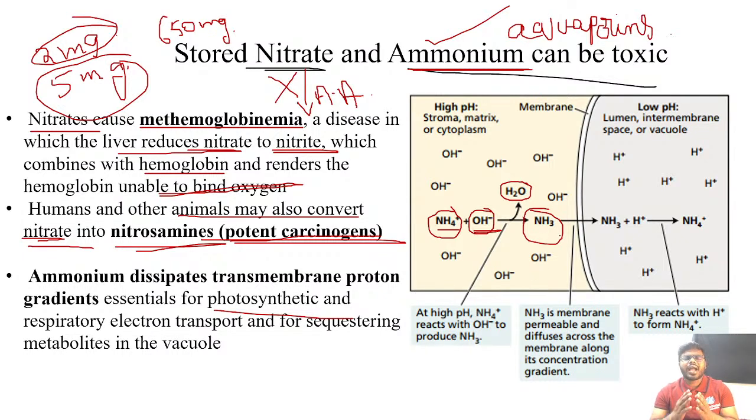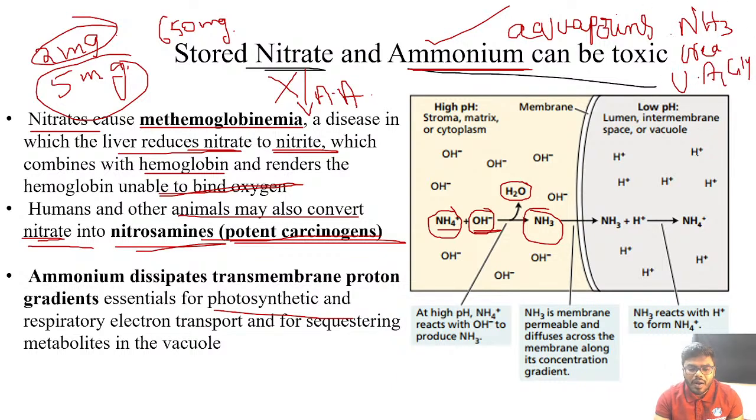So friends, aquaporins are not only transporting the water molecule, aquaporins can also transport uncharged molecules like ammonia, urea, uric acid, glycerol, carbon dioxide. Friends, every one of you listen. Aquaporins not only transport water, but they can also transport NH3, urea, uric acid, glycerol, all can be transported through the aquaporin membrane.